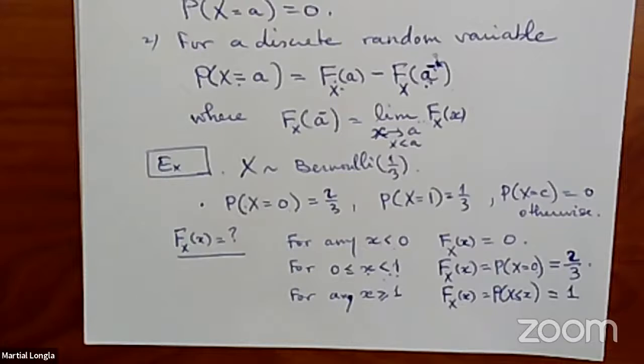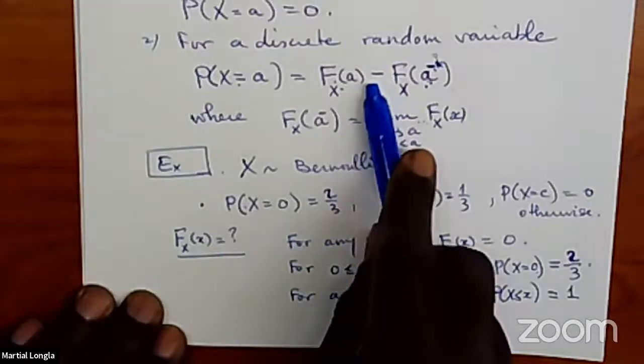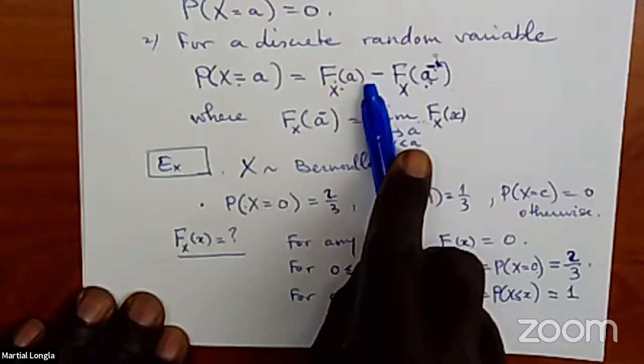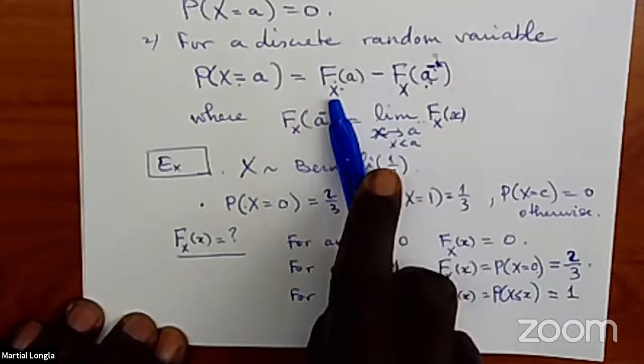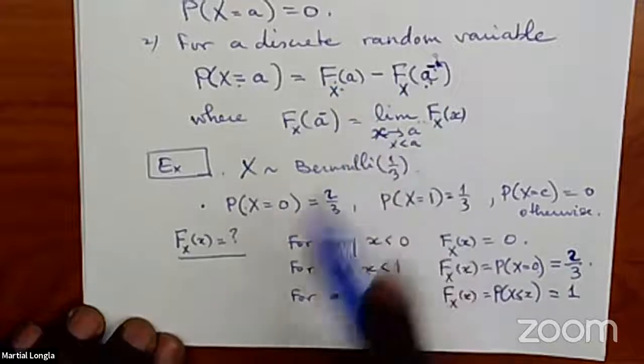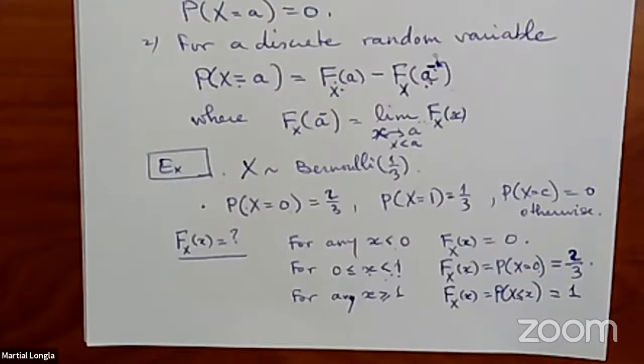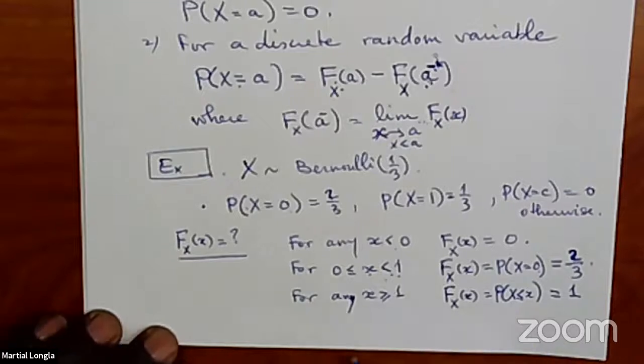The probability of those points is obtained by using this formula. You find the left and the right limits, and you subtract them, and the size of the jump there is the probability of that specific point. Okay, so I'm going to do that here. How many jumps do we have in this function?